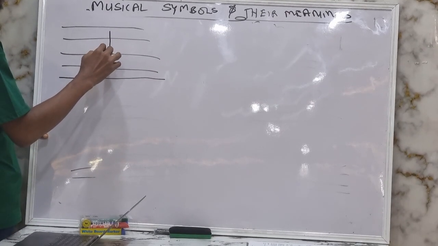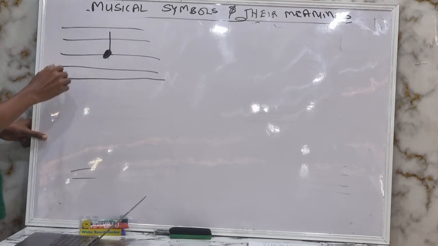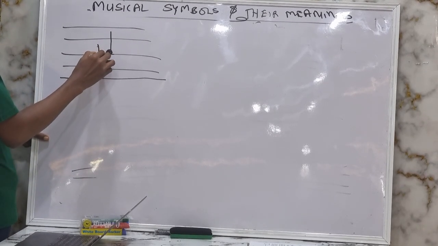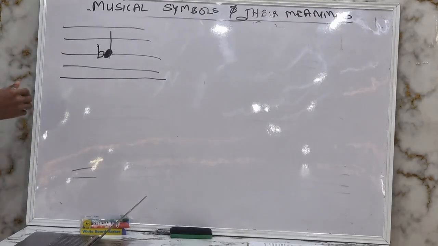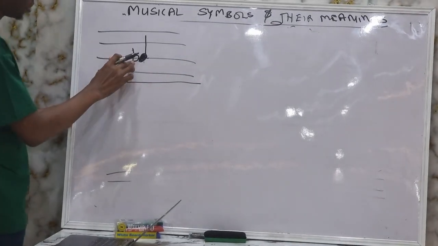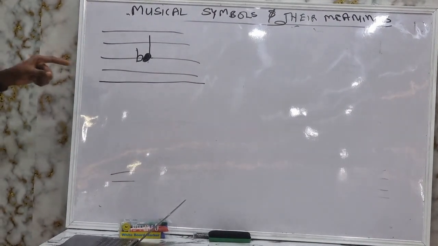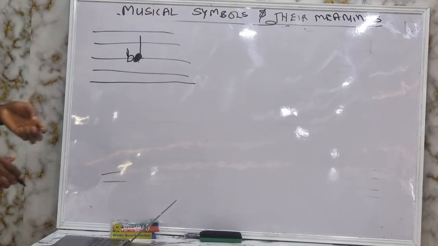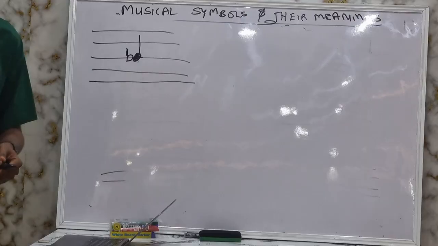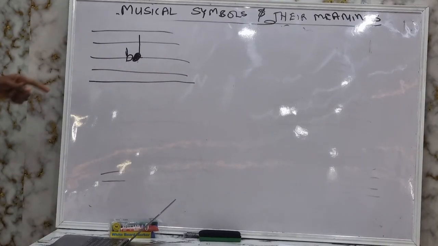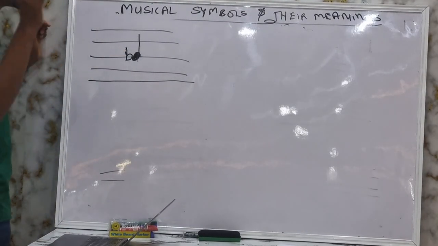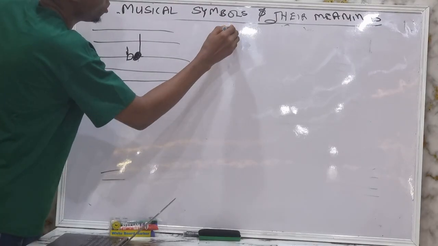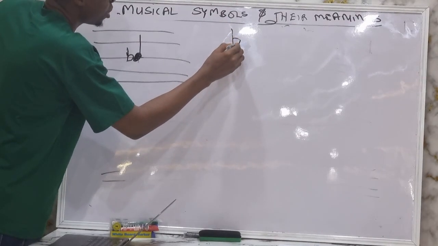Alright, so when we have this, what does it mean? Big flat? My ex-students, they talk like that. It's not big flat. This symbol is the flat. So I think that's the first thing we need to define and know: this is the flat symbol.